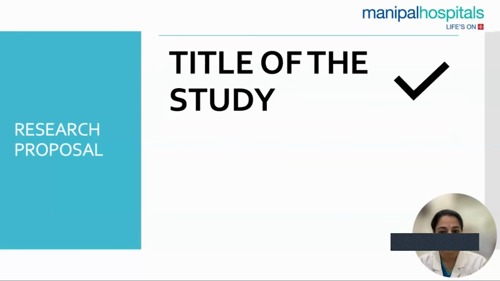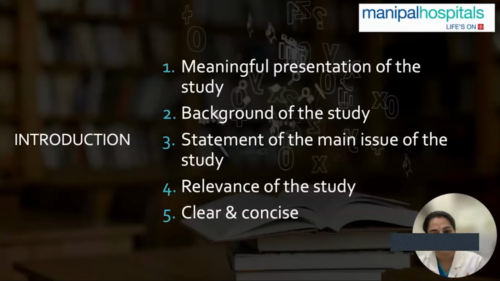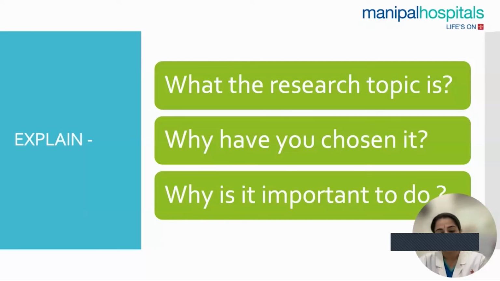So the title of the study we've already found out. Let's look at introduction. Introduction is a meaningful presentation of the study. I'd like to give a background of the study. I'd like to say why I'm trying to do this study, what is the relevance of the study, and it has to be brief, clear, and concise. You have to explain what the topic is, why have you chosen the topic, and why is it important to do the topic.